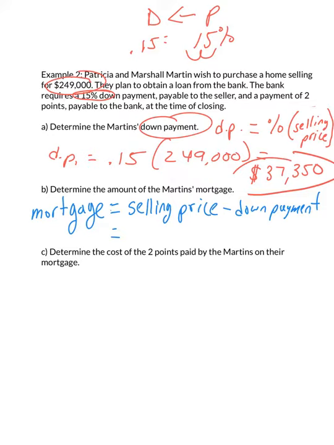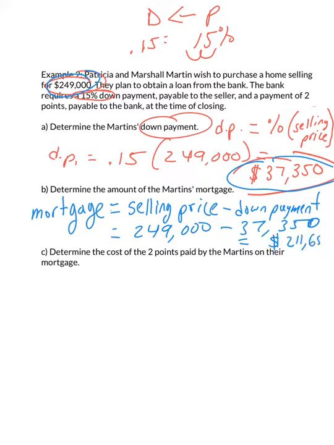So the selling price was $249,000 according to the original question, minus the down payment we found in Part A, $37,350. Go ahead and subtract that in your calculator: 249,000 minus 37,350, and you should be getting $211,650.